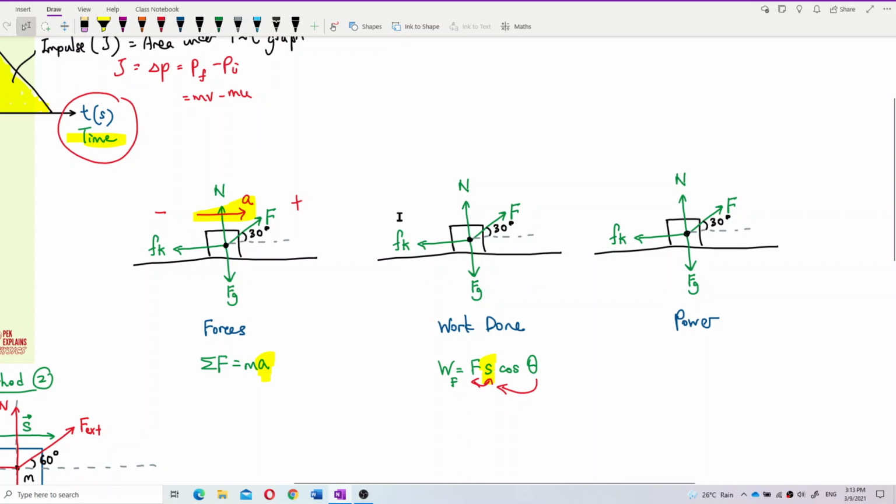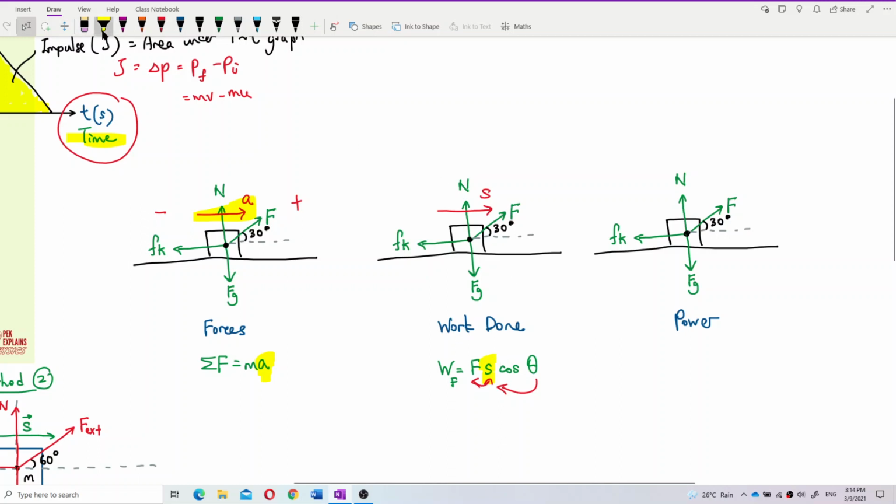So for the free body diagram for work done, we need to include the displacement direction, not the acceleration. Understand or not? Not the acceleration, it is the displacement. We need the displacement so that we can compare our force with displacement to get the angle theta.